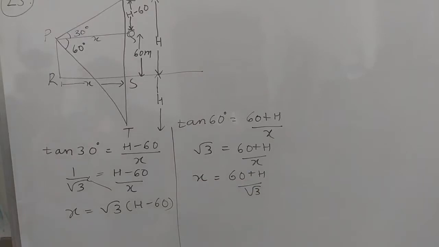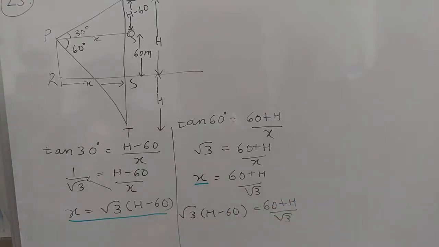Now we will place the X value here. You see, this is the value we get as X, that I will substitute instead of X here. So now this is root 3 times (H minus 60) on the left hand side is equal to 60 plus H upon root 3.